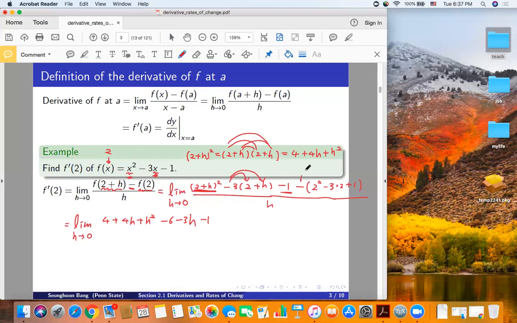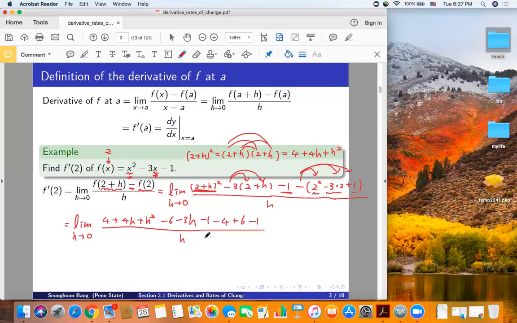Next, distribute the negative sign onto f of 2. 2 squared equals 4, so 4 times negative 1 is negative 4. Second one, negative 3 times 2 is negative 6, times negative 1 is positive 6. This 1 times negative 1 is negative 1, over h.